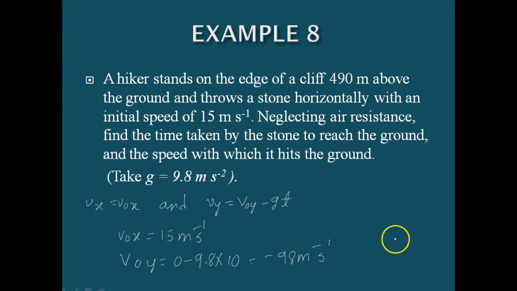So the speed of the stone, if you calculate the speed of the stone, is given by square root of vx square plus vy square. So we know vx, we know vy. So if you find out this square root, we get it as 99 meter per second. Okay.